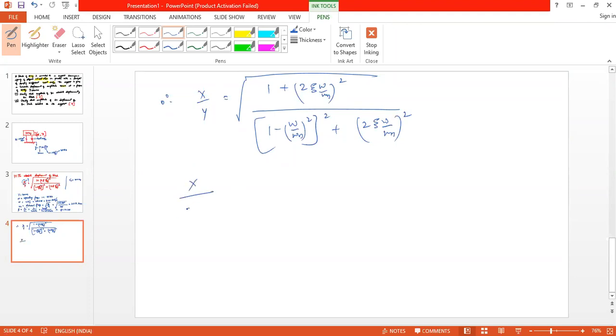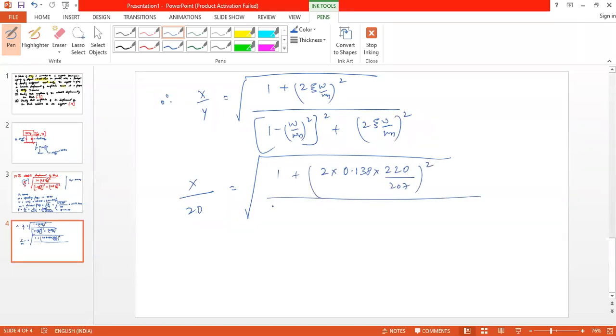So x by y, the value of y is 20, that is equal to root of 1 plus (2 into 0.138 into omega, which is 220 radians per second, divided by omega n, 207) whole square, divided by (1 minus (220 by 207) whole square) plus (2 into 0.138 into 220 by 207) whole square. So what is the value of x?